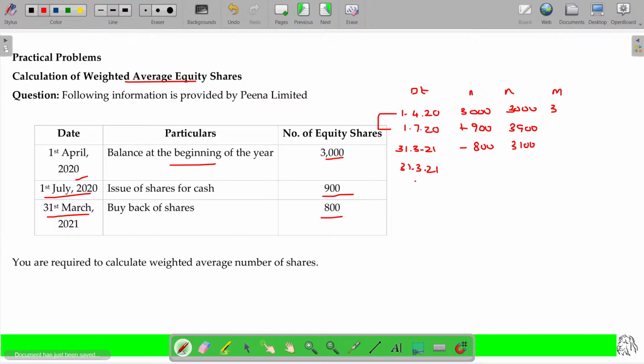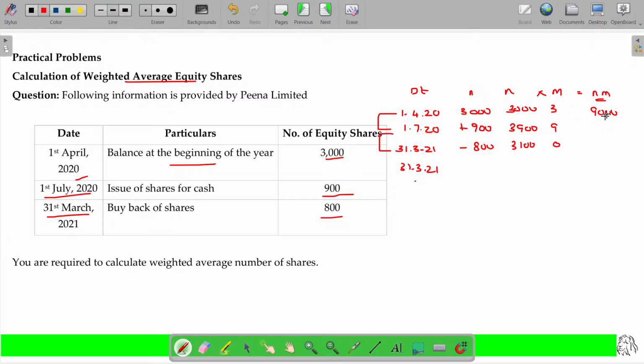Number of months we have 3000 shares in our books being 3. From 1st July to 31st March, 9 months we have 3900. 3100 for 0th month. So you multiply these two, this will be the cumulative shares you have on a monthly basis.